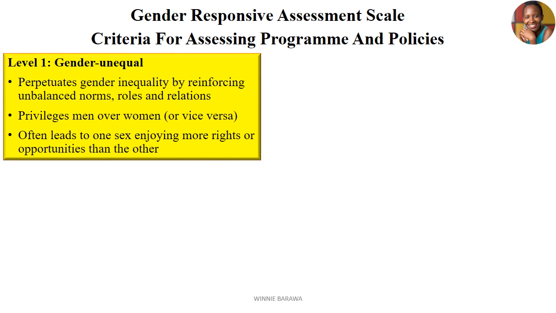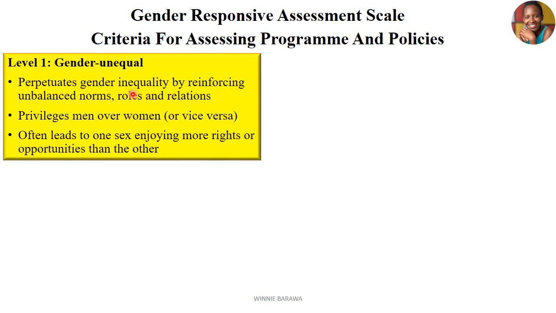So for projects that are mostly on the gender blindness, they're at level 1, where we talk about gender unequal. So when we have a program that is gender unequal, most of the time we say this is a program that perpetuates gender inequality by reinforcing the unbalanced norms, roles, and relations.